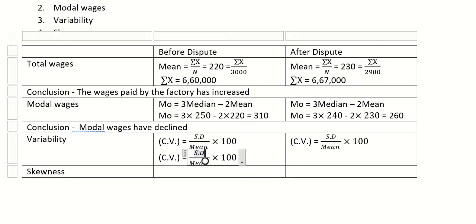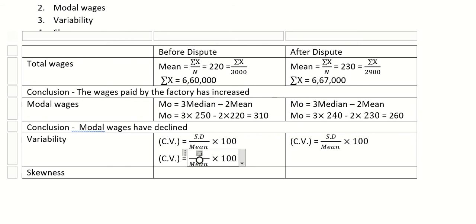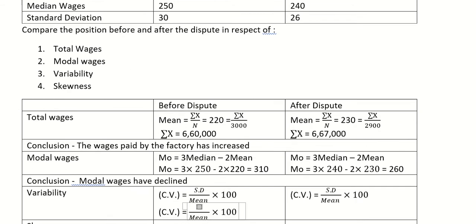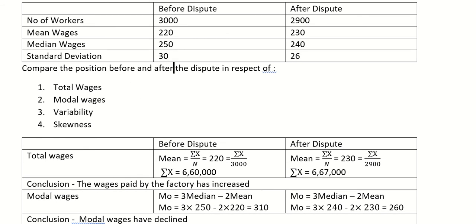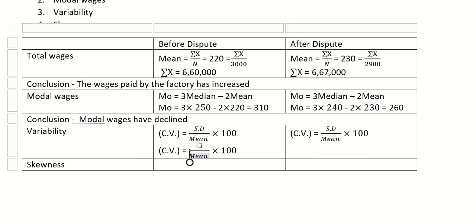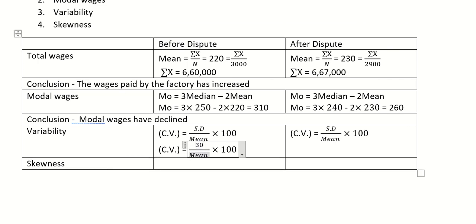Standard deviation is given to us in the question, 30. Before the dispute, mean is 220, that is also given to us. So CV is 13.64%.